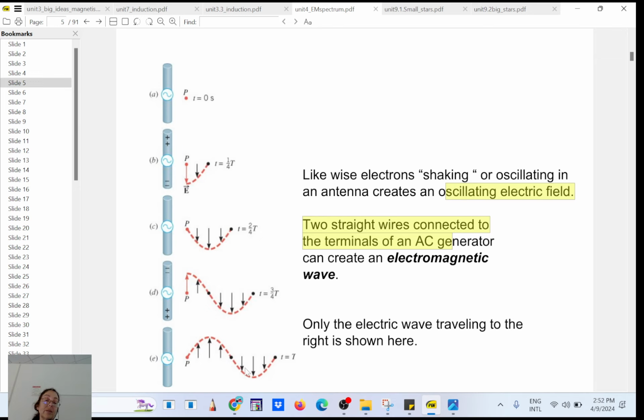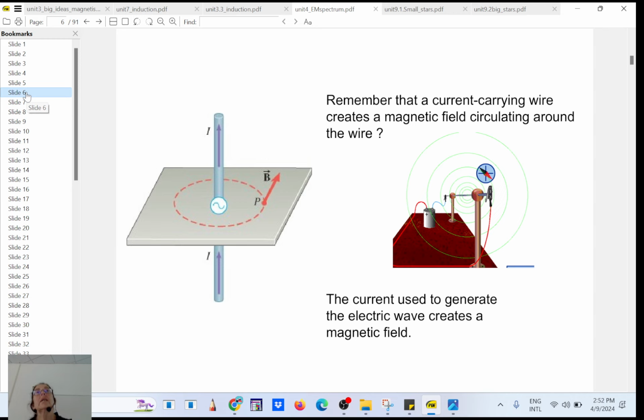So you see the electric field here is also going to be produced. So you need an AC generator. So even if I take a magnet in my hand, when I start to shake the magnet, I'm going to make an electromagnetic wave. You don't see it with your eyes, but if you have an antenna close by, you will be able to pick it up.